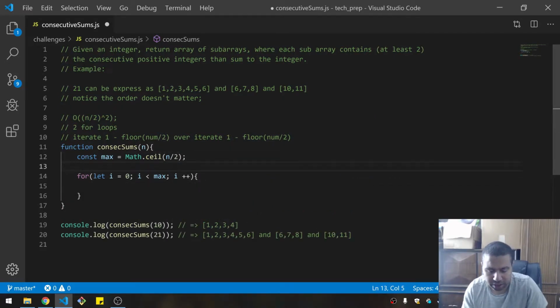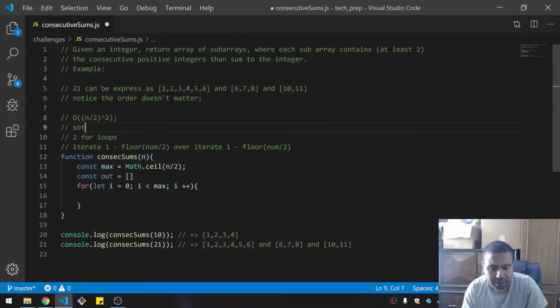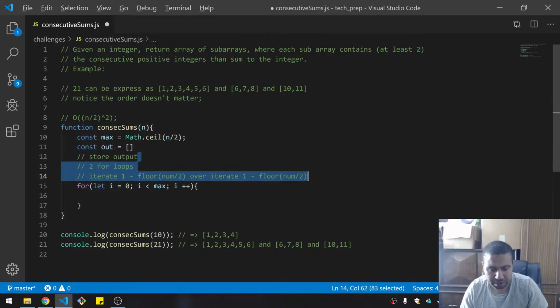Also, I need to have an output. Yeah, so I need to store output and return. Okay, so let me come down here, put some of this stuff in here, loop here.